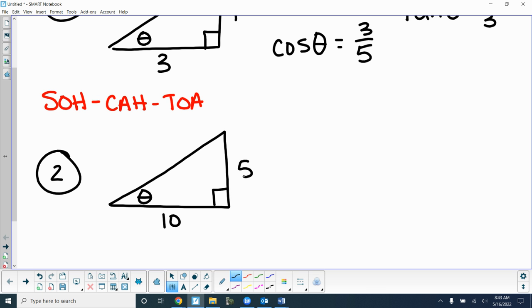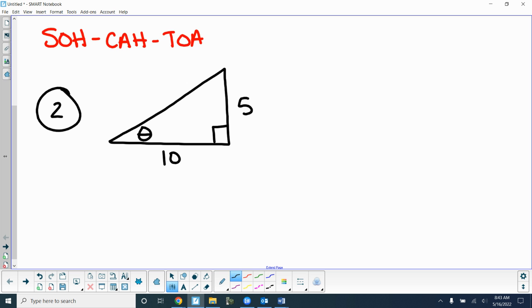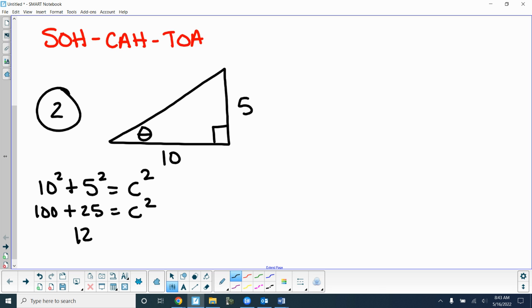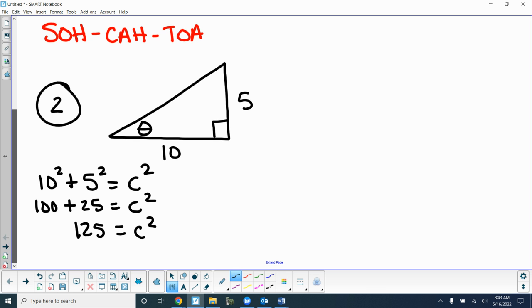So we use the Pythagorean theorem. A squared plus b squared equals c squared, which is 100 plus 25, which is 125. So then we have to take the square root, right?